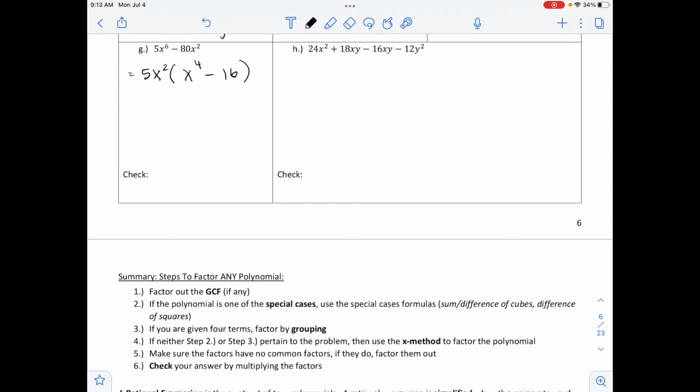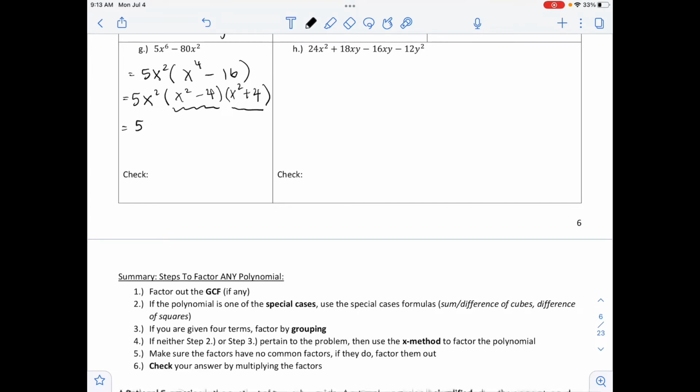And so again, we have the difference of squares here. So I'm going to go ahead and write my GCF, 5x squared. The difference of squares is going to be x squared minus 4 and x squared plus 4. And you'll notice that this x squared plus 4, we can't go any farther, but we can for the x squared minus 4.